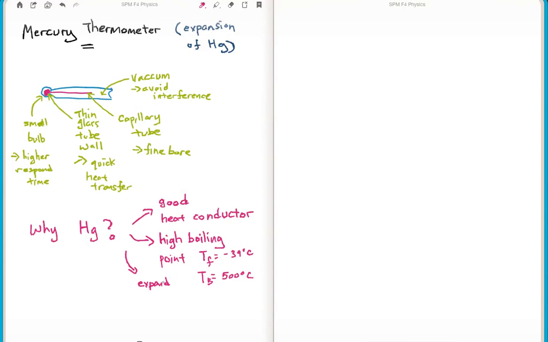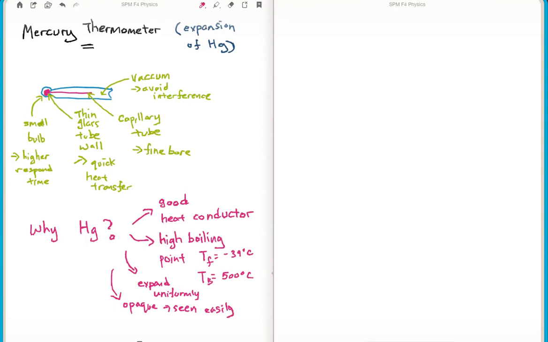You have to expand uniformly, meaning it increases linearly with temperature. The fourth one, opaque. Unlike water, which is not opaque, mercury is opaque, so that it can be seen easily. Okay, 4 points for them.